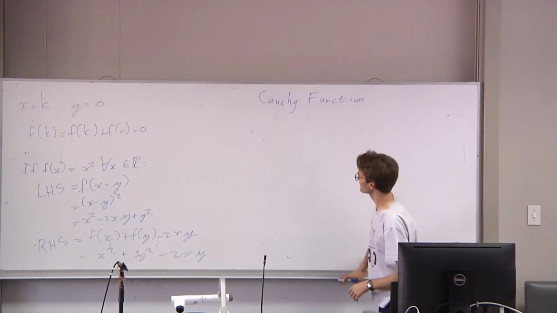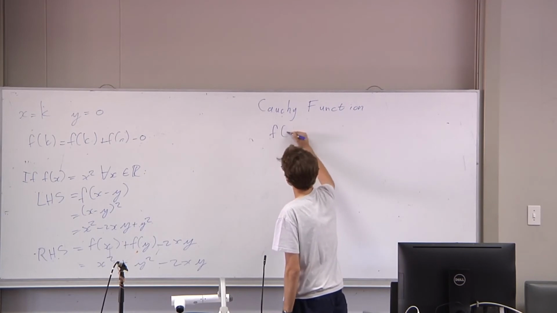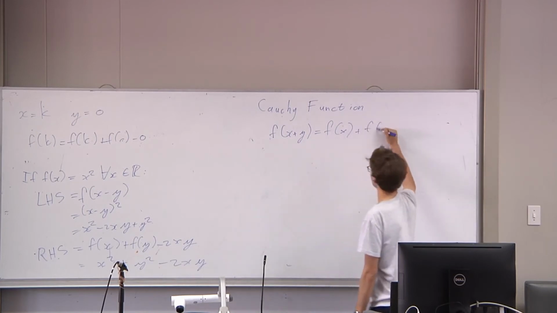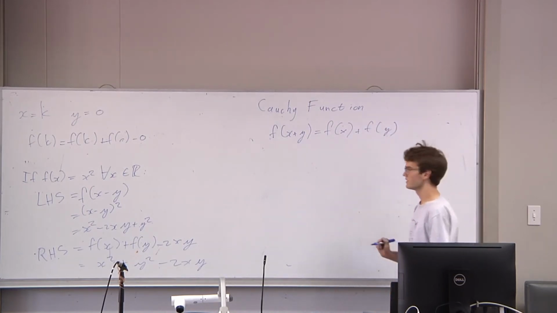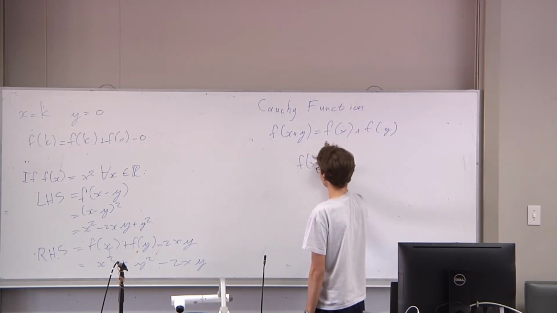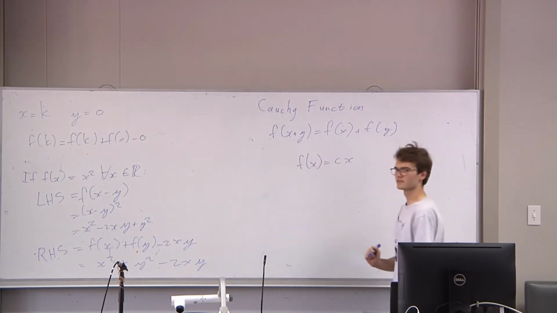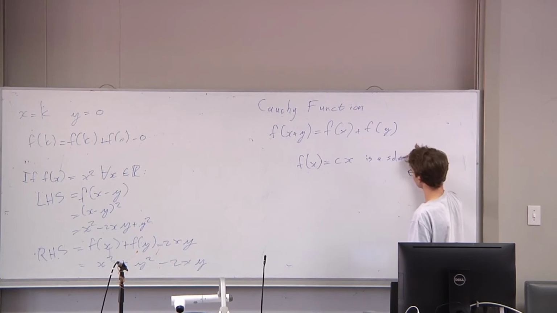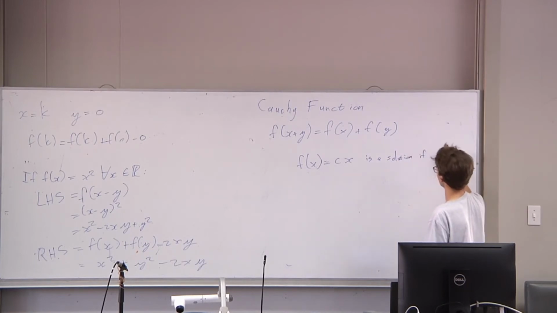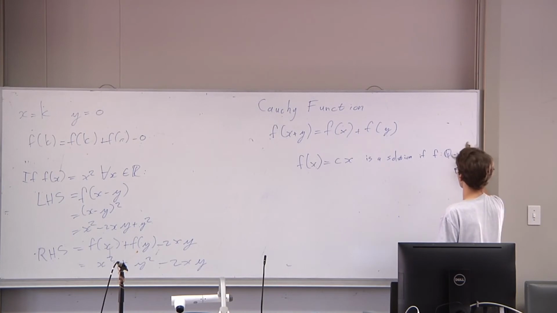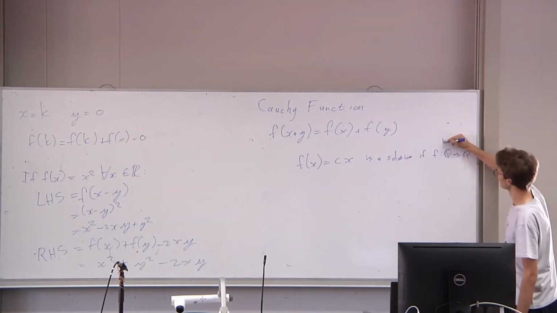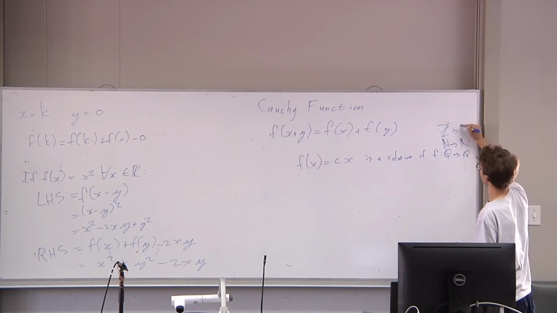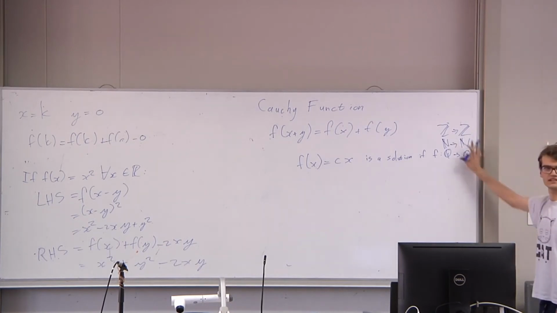So it says if you have f of x plus y being f of x plus f of y, then f of x is c times x is a solution if f is from the rationals to the rationals, or from the naturals to the naturals, or from integers to integers, anything like that.